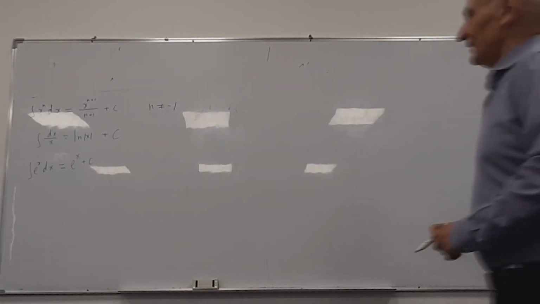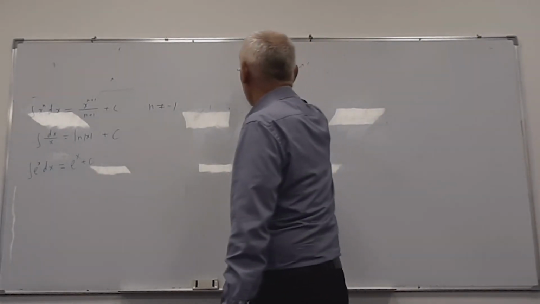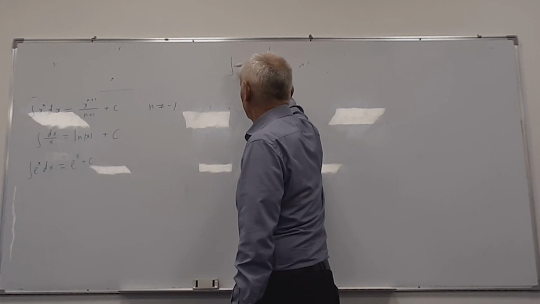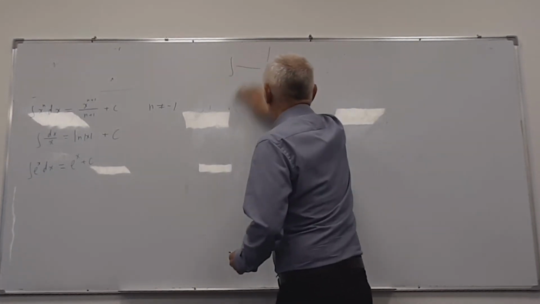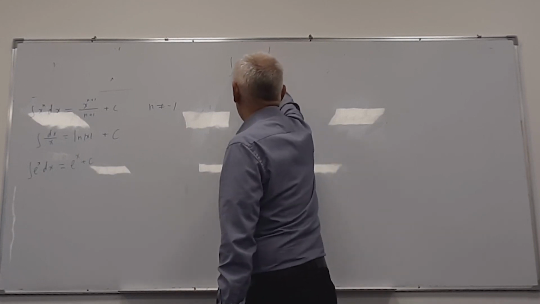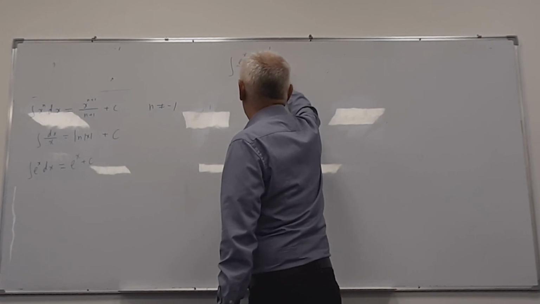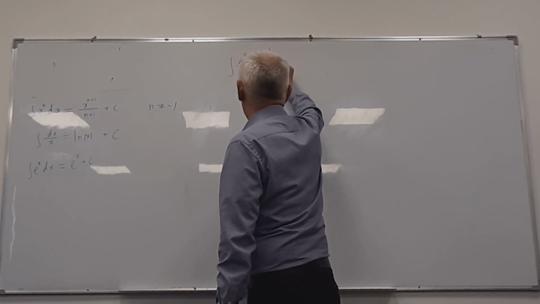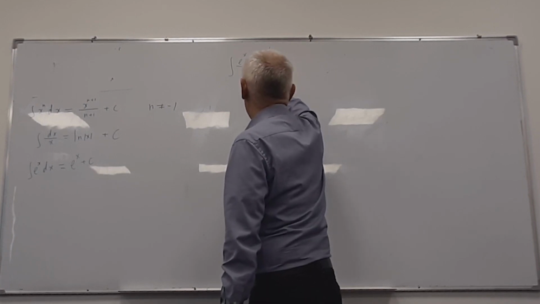Okay, now let's do some examples. For example, we have an integral of e to power x minus 5x to power 4 over 3.